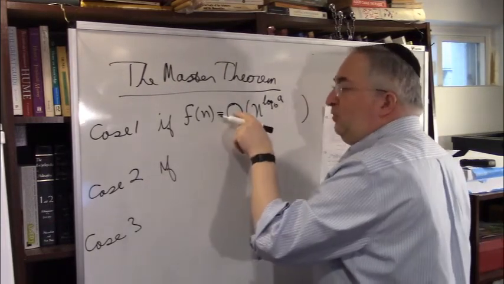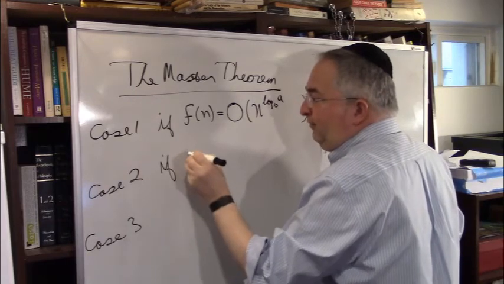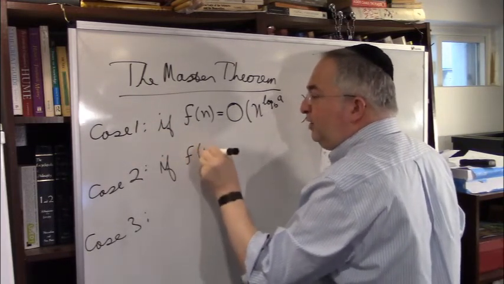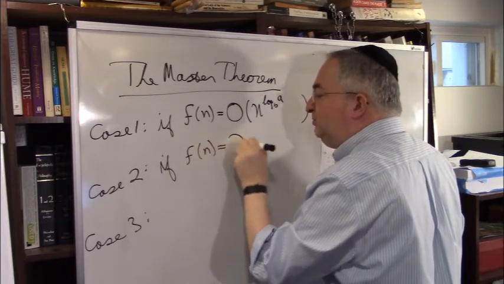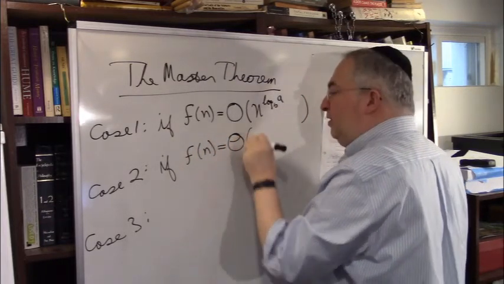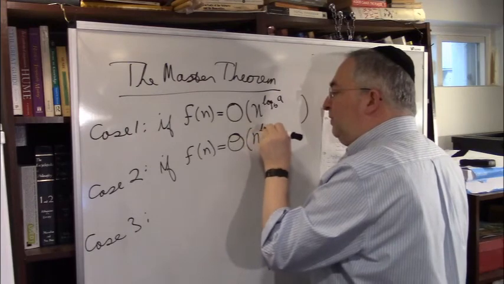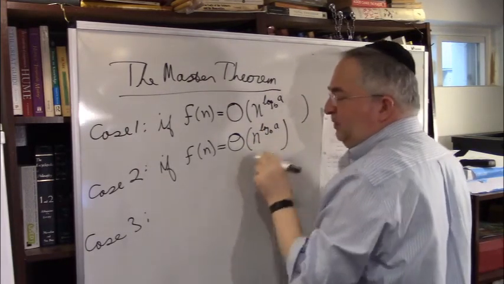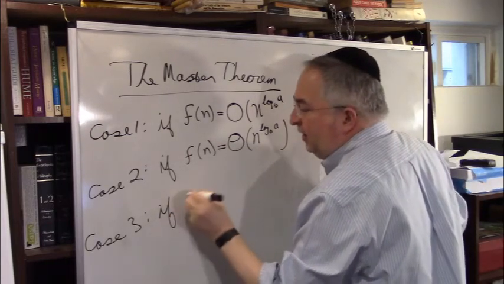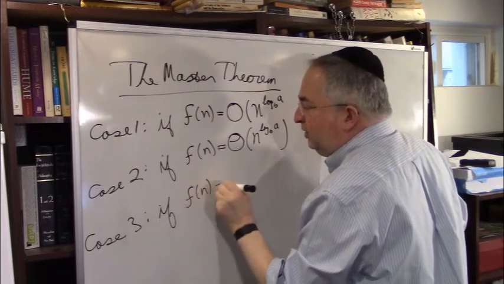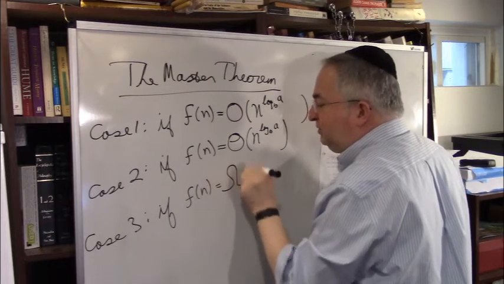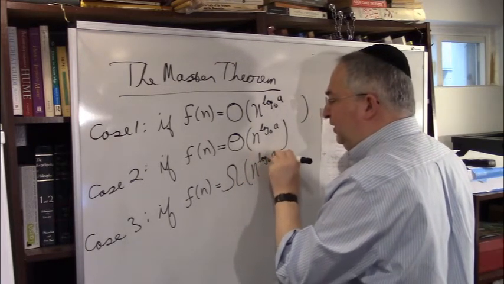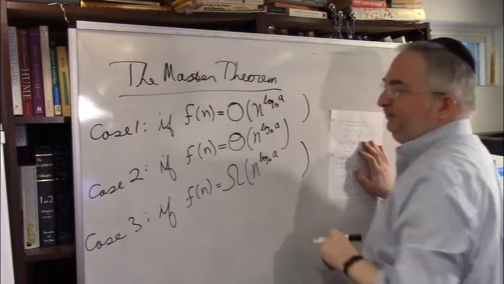So it grows slower. Or if f grows the same speed, that's theta of n to the log base b of a. You don't have to leave me space here. If f of n grows faster than n to the log base b of a, leave me room here.